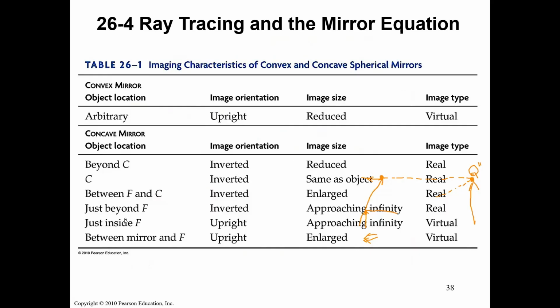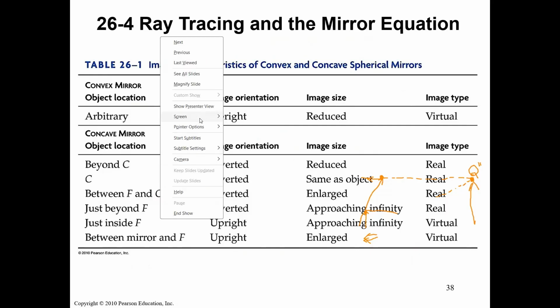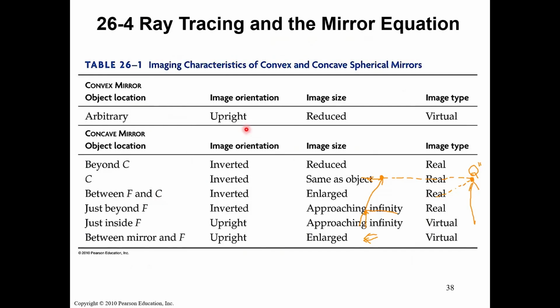table. If you put the object just inside F, we see that the object is upright. If you put the object between the mirror and F, you can see the image is also upright. It's an enlarged image, and if you move the object closer to F, it will approach infinity.